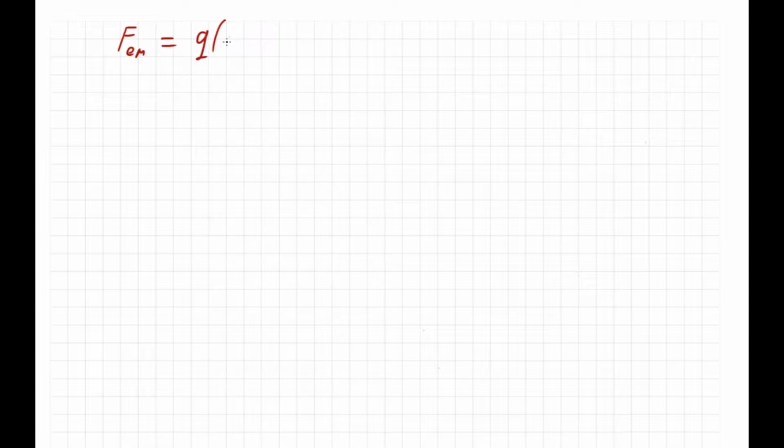In the round brackets we have the electric field plus, they are vector values, in the square brackets we are expressing the vector multiplying velocity of magnetic field changing by electromagnetic field, close square bracket, close round bracket.